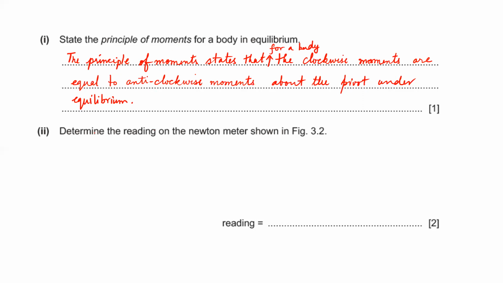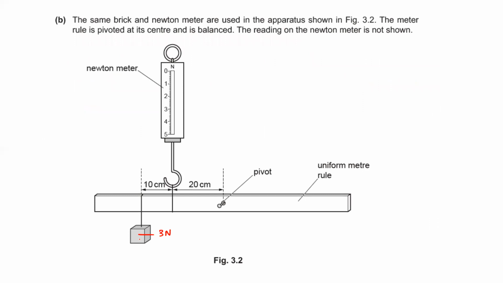The second part says determine the reading on the Newton meter shown. So let's go over here. This is 3 Newton. We know that this is a meter long rule. Basically the pivot is this point. One force acting counterclockwise about this pivot is this, and the clockwise force acting is this.